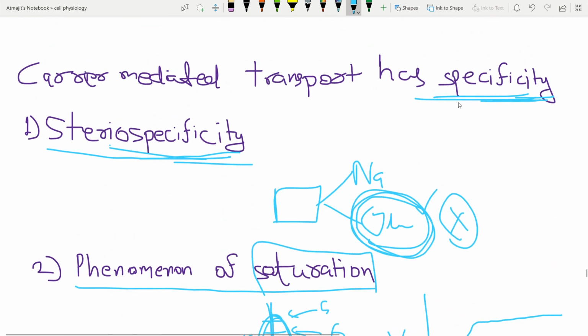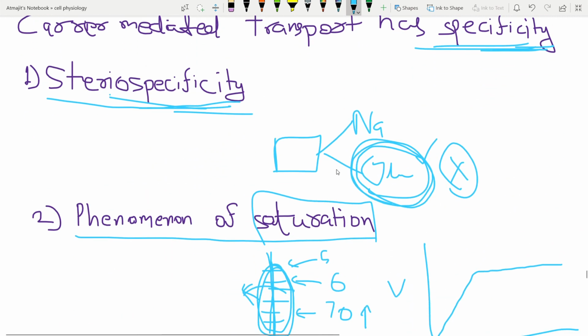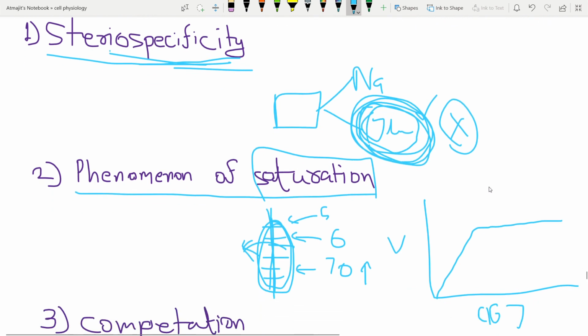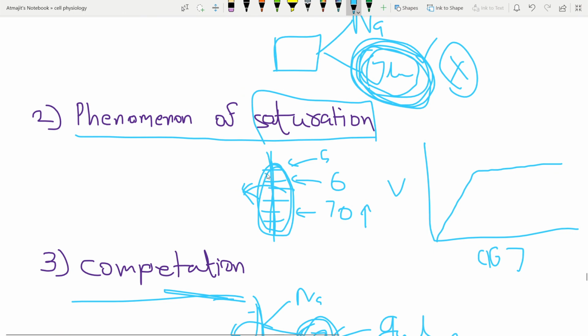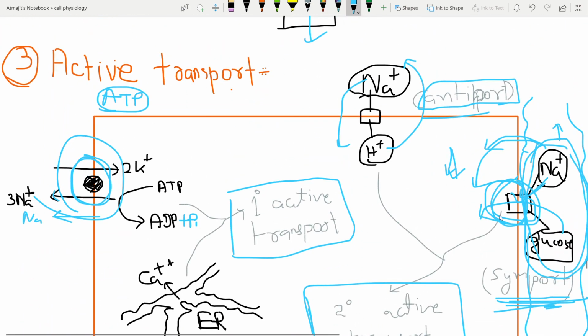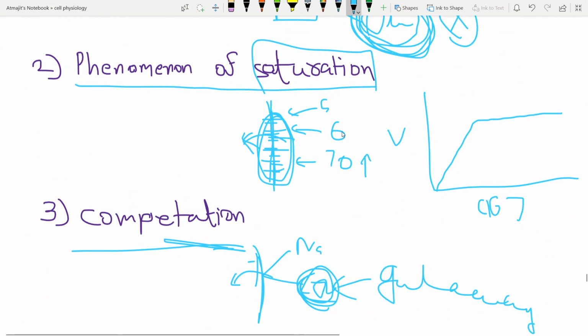Then carrier-mediated transport has specificity. Specificity means only one molecule can attach to this site, other molecules cannot. Saturation: if there is a limited number of receptors or limited number of symporters, then only that amount of glucose can enter the cell.